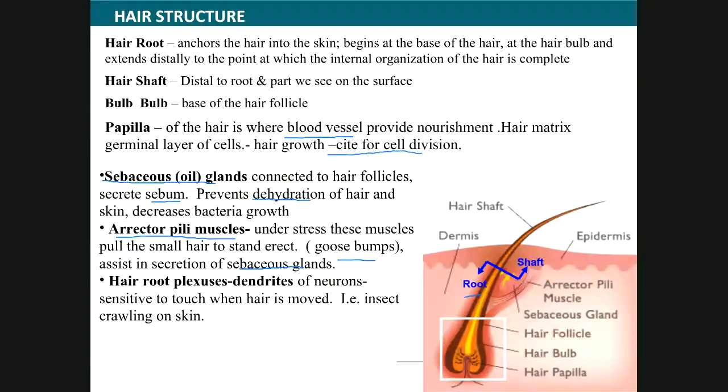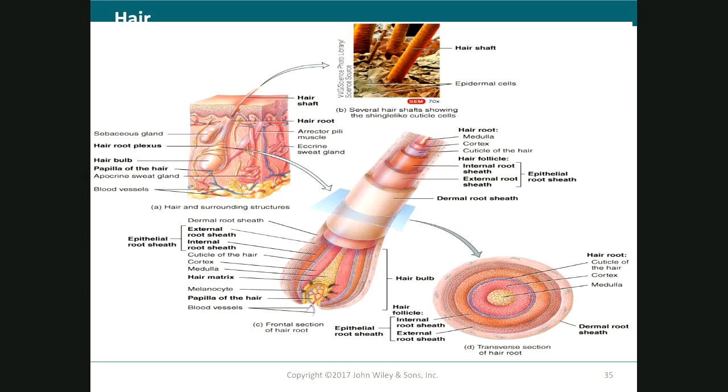And then on the bottom, we've got the hair root plexus, which are very sensitive to touch. So obviously, if you can lightly move the hair, you could feel it, or if you pull it, you could certainly feel the pain. So we can see here the hair shaft, the hair root, the papillae.